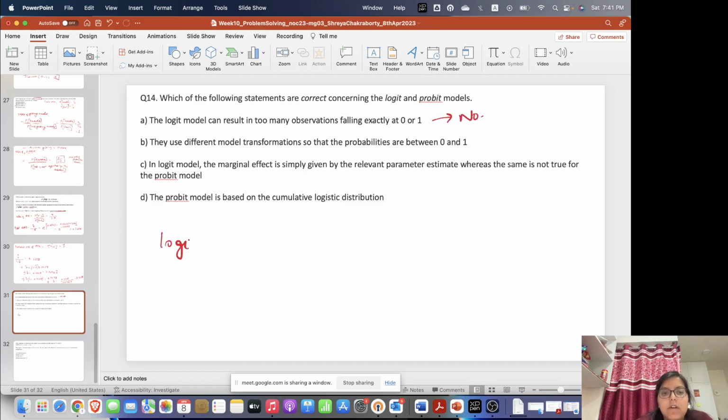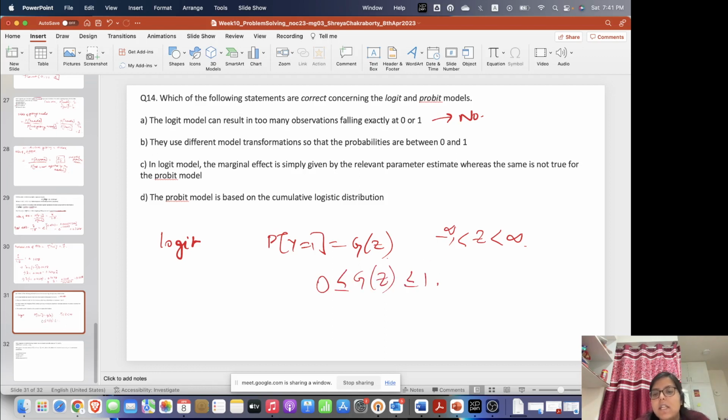Because the logit function will transform the probability, like I said, probability y equal to 1 equals g(z), where z can lie between minus infinity and infinity, but g(z) will lie between 0 and 1. It's mostly a fractional value, so it cannot result in too many observations falling exactly at 0 or 1.